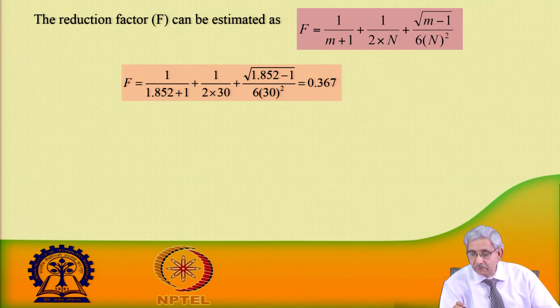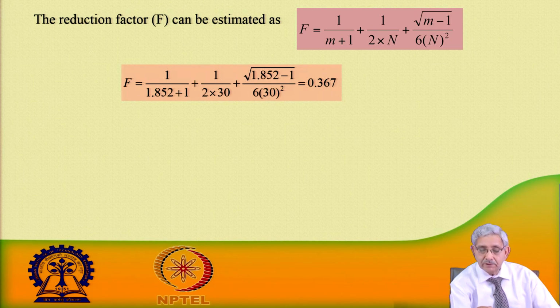Then the reduction factor is given as 1 by m plus n plus 1, plus 1 by 2N, plus m minus 1 divided by 6N square. Here m and n are the constants used in the Hazen-Williams equation, and capital N is the number of outlets.